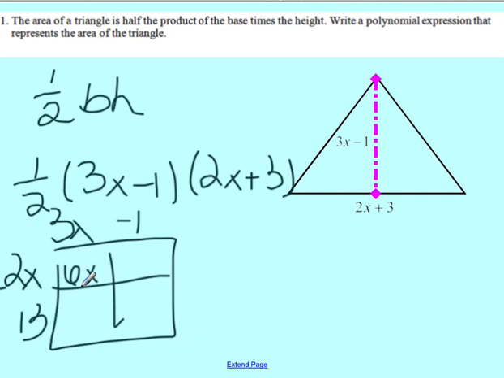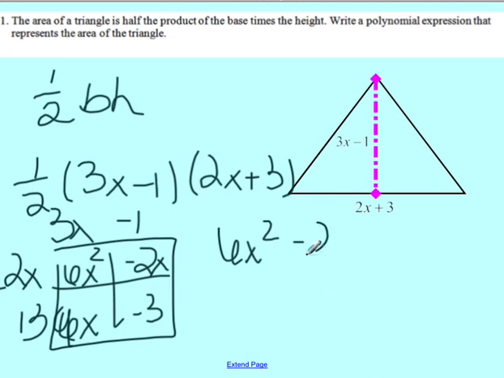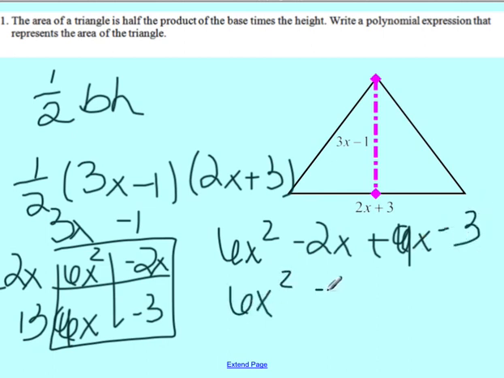X times x is x squared. Here we're going to get negative 2x. Here, 9x. And then here we're going to get a negative 3x. So we get 6x squared minus 2x plus 9x minus 3. Combine like terms, 6x squared plus 7x minus 3.